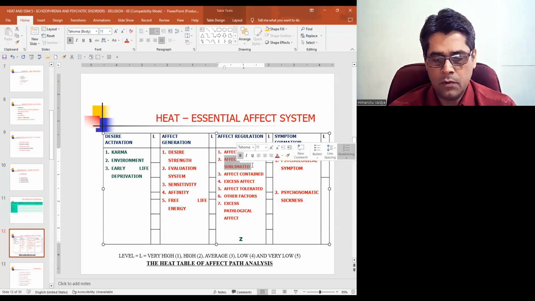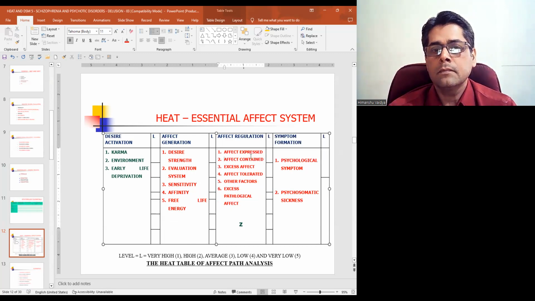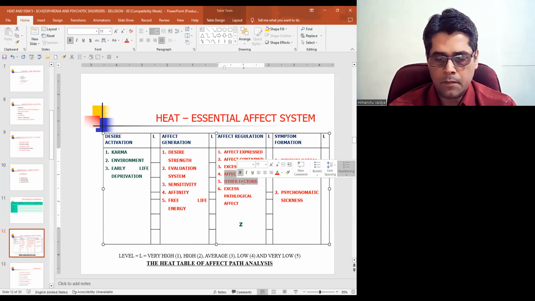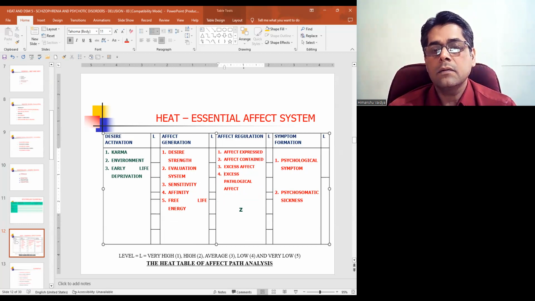Sublimated here it's very low. These are important affect parameters. Will be low, moderate, high, very high, high.